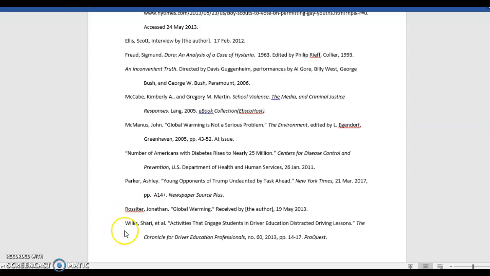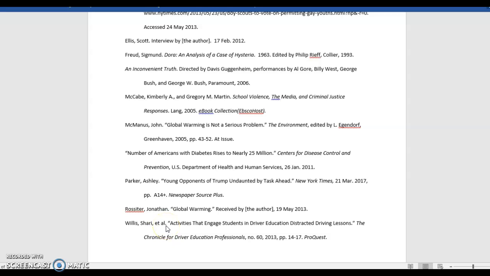Lastly, we have a source that had many authors. In MLA, if you have one author or two authors, you need to, of course, give the full information for those people. But if you have 3 or more authors, you only put down the first author listed. Don't rearrange the names, for crying out loud. Just accept it the way that it comes to you. The first author is the lead author. And then we write the words et al.